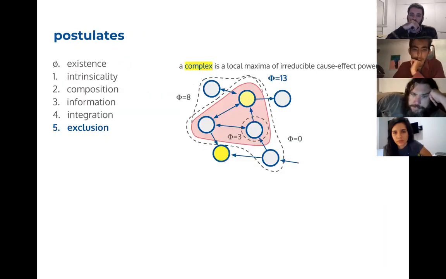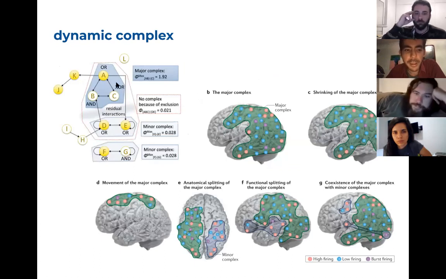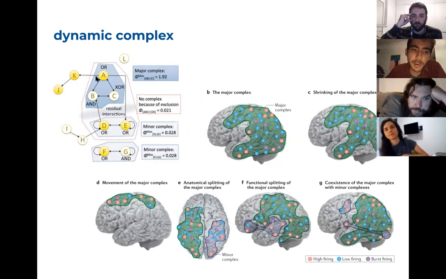I'll try to argue what the arguments are behind the need for this really aggressive exclusion principle that just makes stuff not exist. The picture you get is that you only get integrated information in recurrent networks.